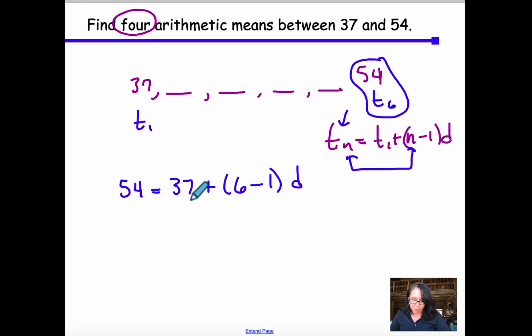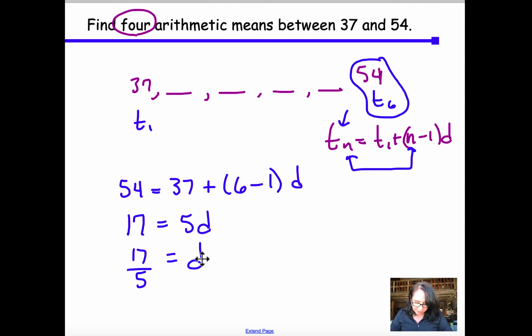So we're going to go 54 minus 37 is what? 17. So we have 17 equals 5D. And so what that means is that D is going to equal 17 divided by 5. And then 17 divided by 5 is 3.4. So my common difference is 3.4.